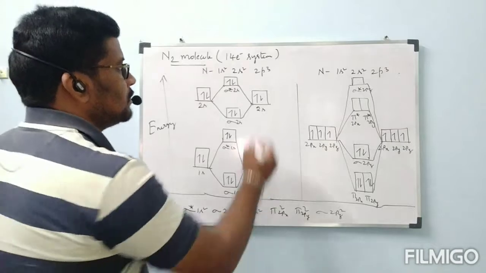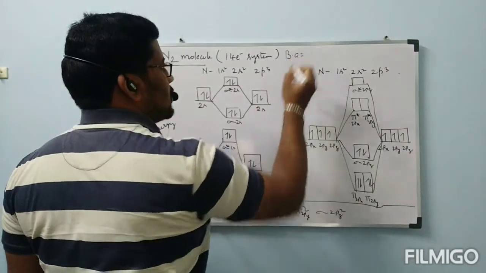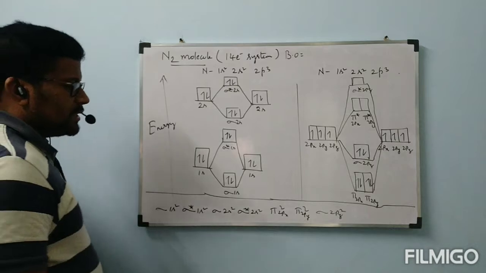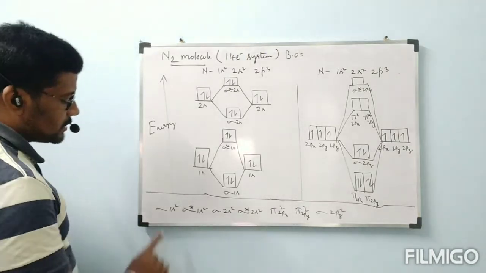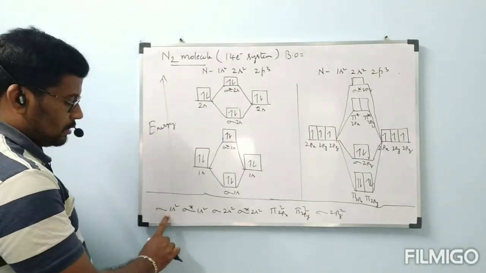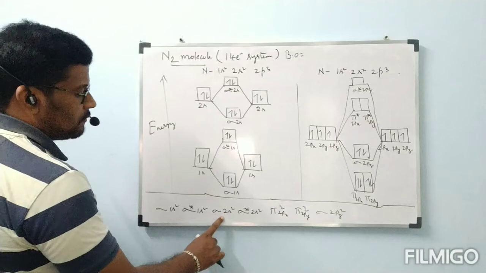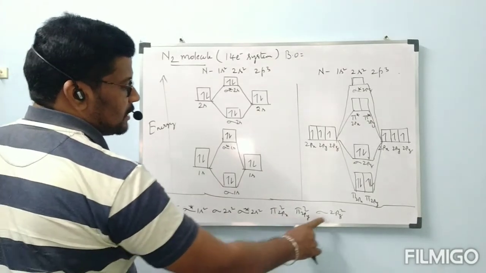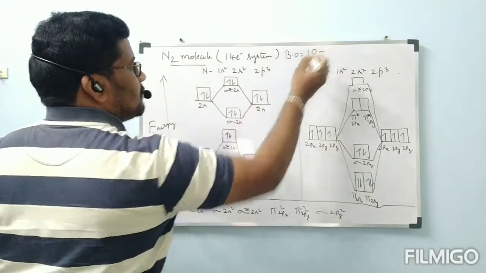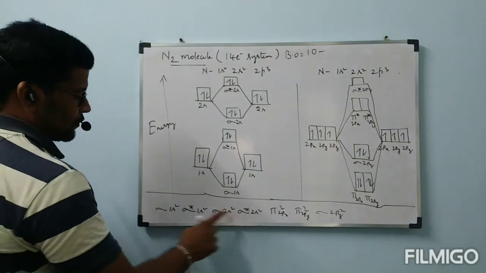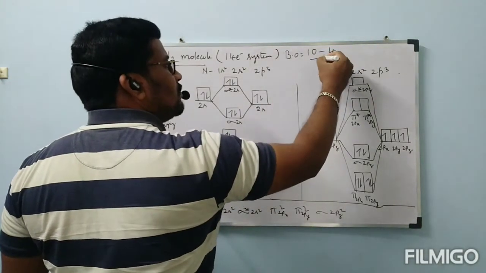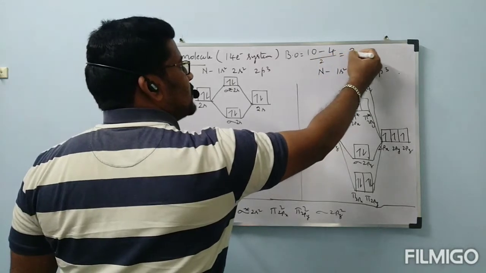What about bond order? Bond order is equal to Nb minus Na. Number of electrons present in bonding molecular orbitals: 2, 4, 6, 8, 10. 10 minus 4, the antibonding molecular orbital electrons, 4, divided by 2, 6 by 2, is 3.